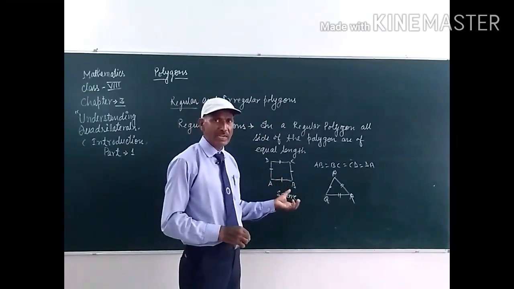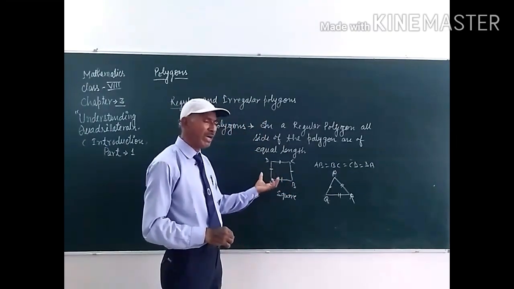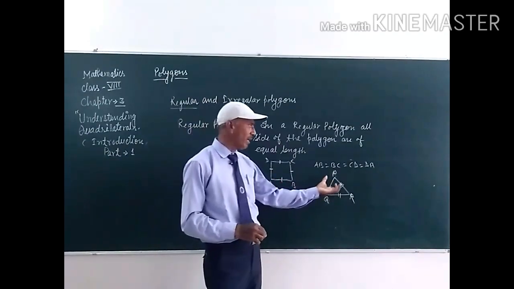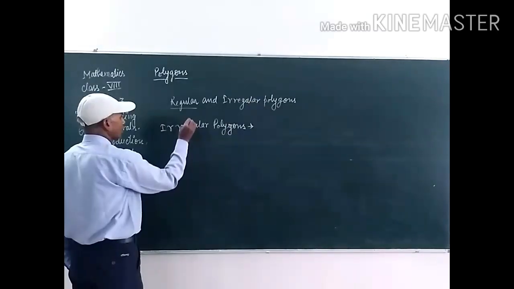So, equilateral triangle is a regular polygon, square is a regular polygon, because all sides are of equal length.